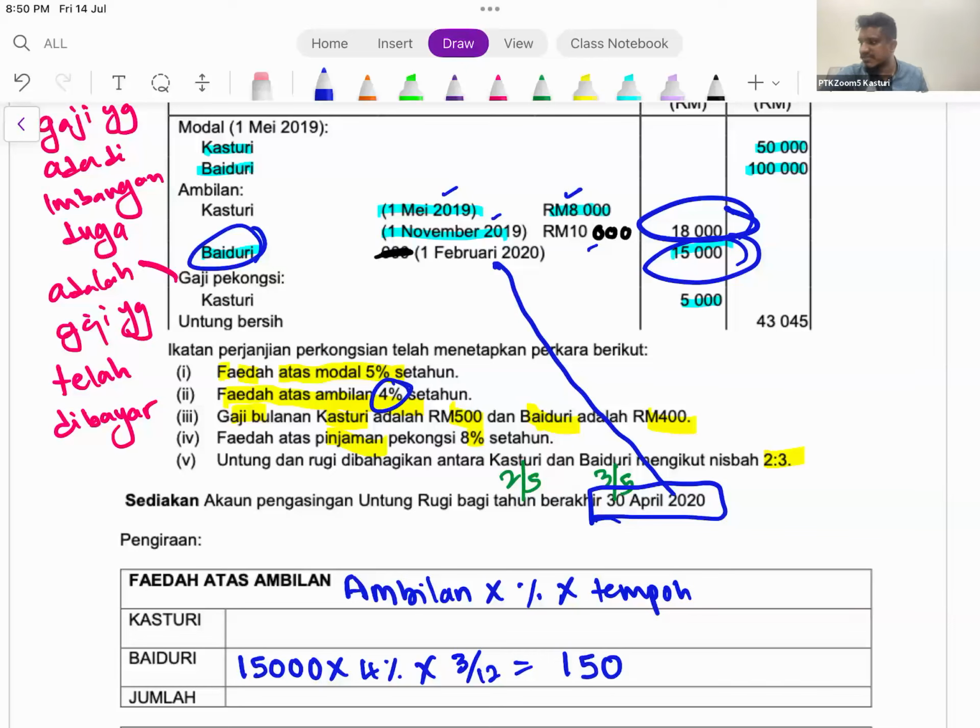So can you calculate berapakah faedah atas ambilan for Kasturi? I give you 1 minute. Faster, calculate. How much the faedah atas ambilan for Kasturi?